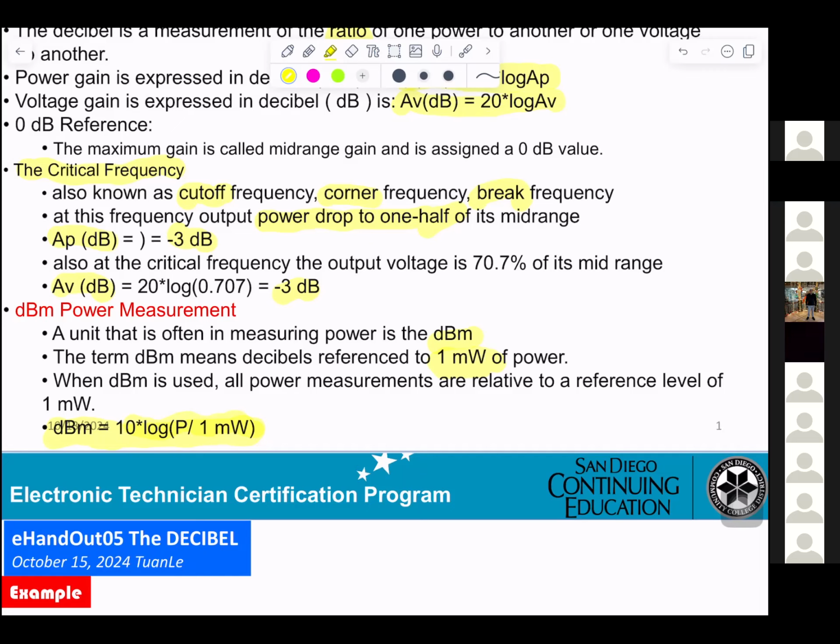I'm asking. 3 dB, not dBm. I mean dB. Does it? I guess I couldn't get it. 10 log 0.707.